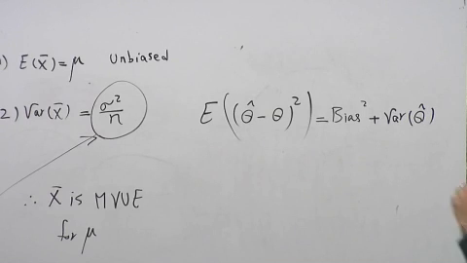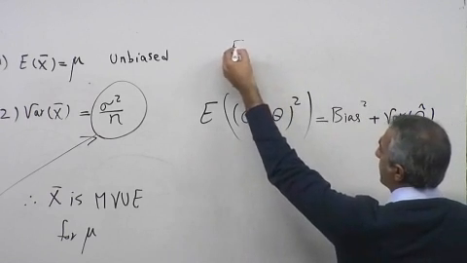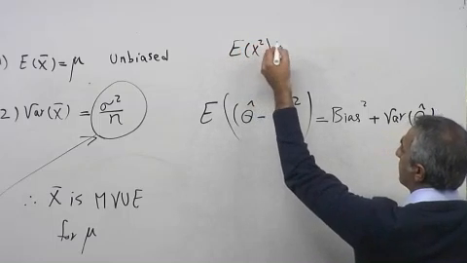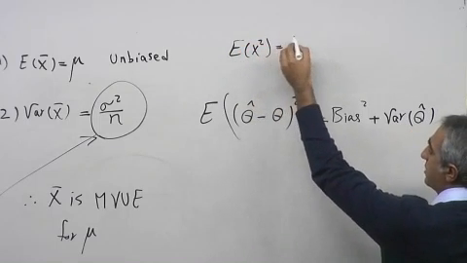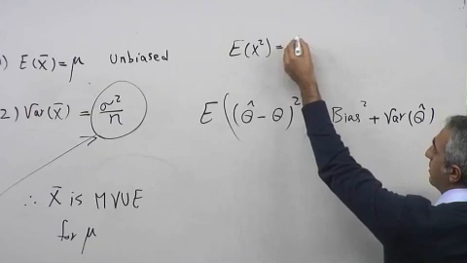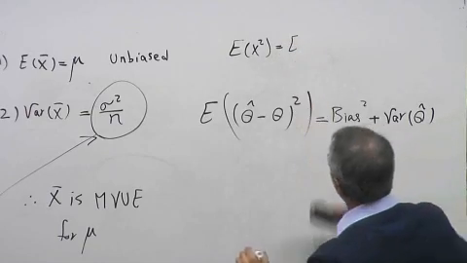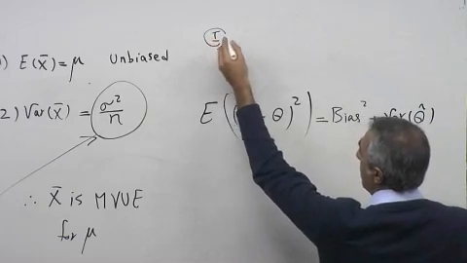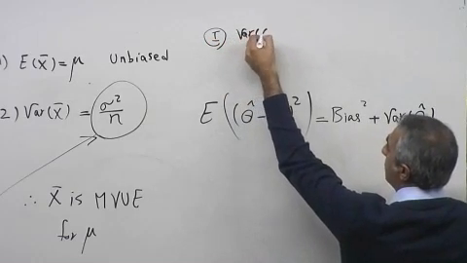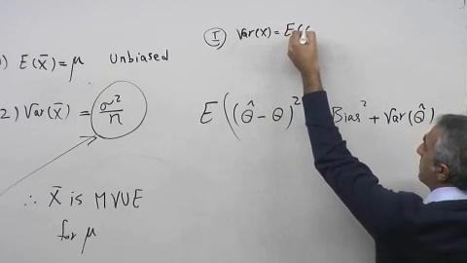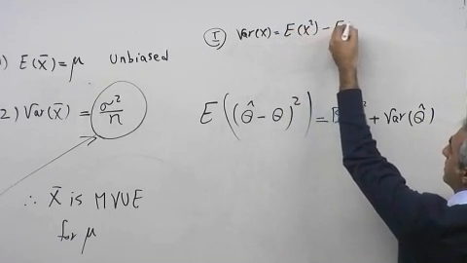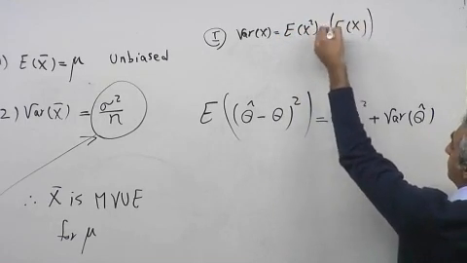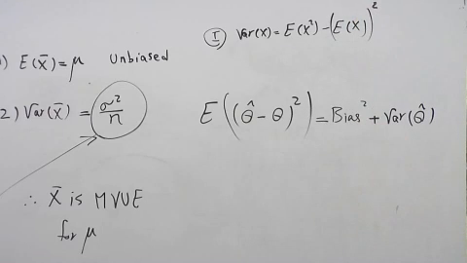And it's easy to show. Do you remember the known fact we are going to use? Variance of x is expected value of x squared minus the expected value of x, the whole thing squared.